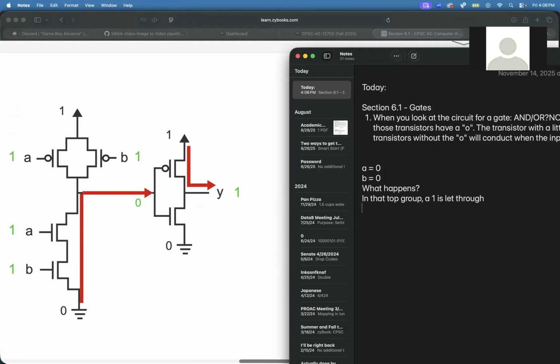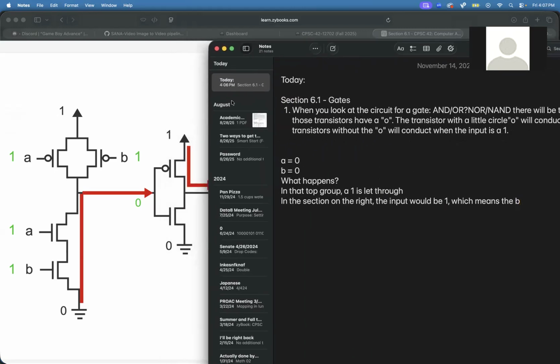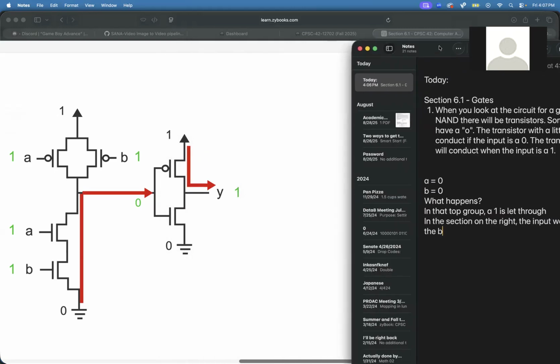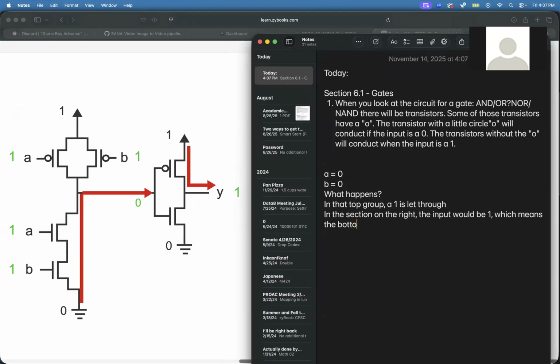So in the next section, the section on the right, the input would be one, which means the bottom transistor, this is not wide enough, or rather too wide. This means the bottom transistor would conduct, right?